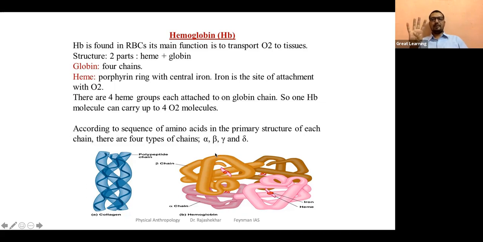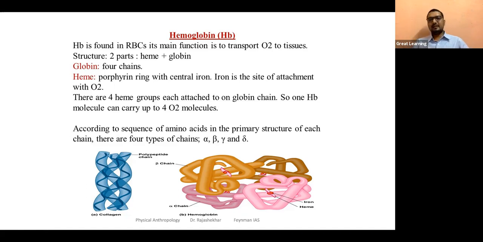We have 4 polypeptides, meaning we have 4 subunits that make up one hemoglobin. What are they? Alpha and beta. 2 types of them, but 4 of them, meaning 2 alphas, 2 betas. So like that, 4 together forms one hemoglobin, and iron will be the center of them in a way, and each oxygen can bind to the site where iron is present. Like that, oxygen is carried by the specially designed proteins in our body.